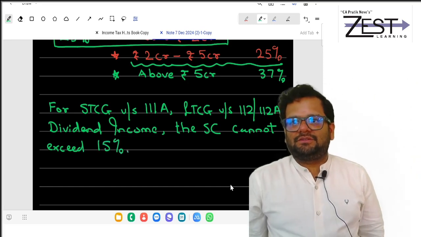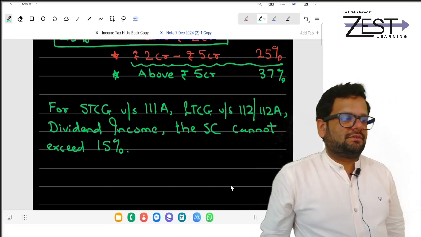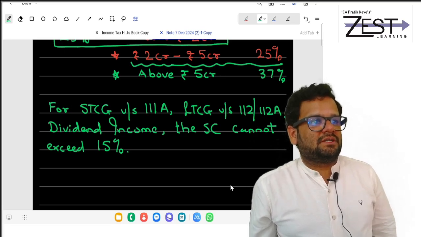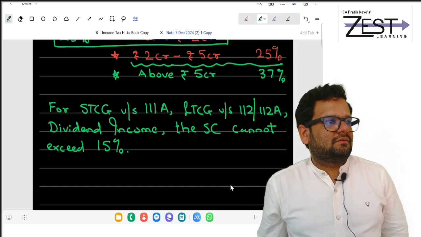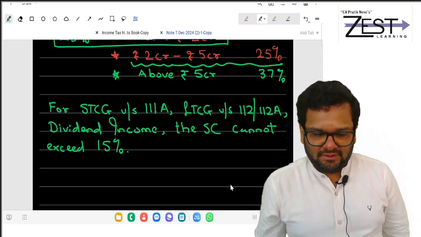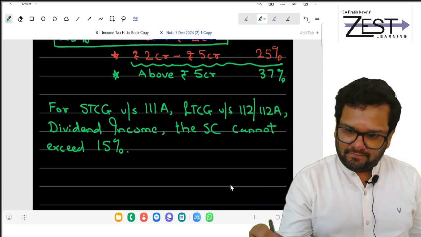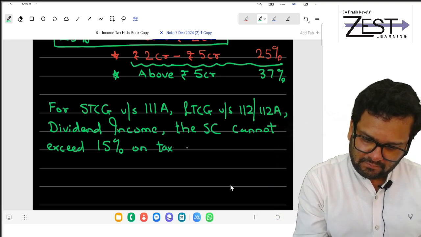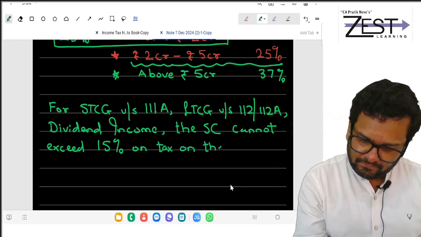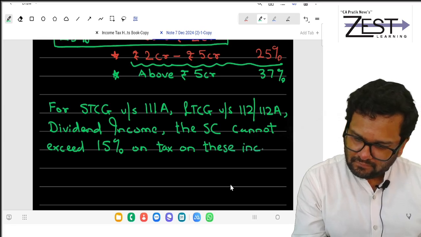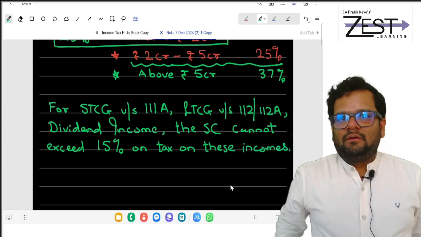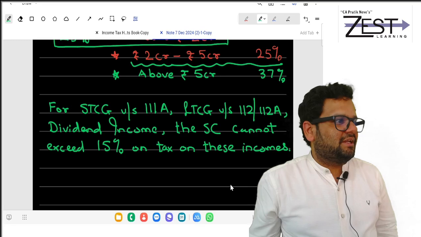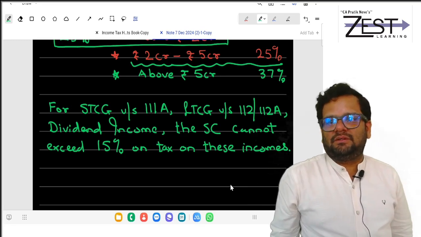I'll explain what afterwards. But thankfully, on these incomes, surcharge cannot exceed 15%. But initially, in the questions we will do, we'll assume that you have normal incomes like salary, HP, PGBP, IFS.